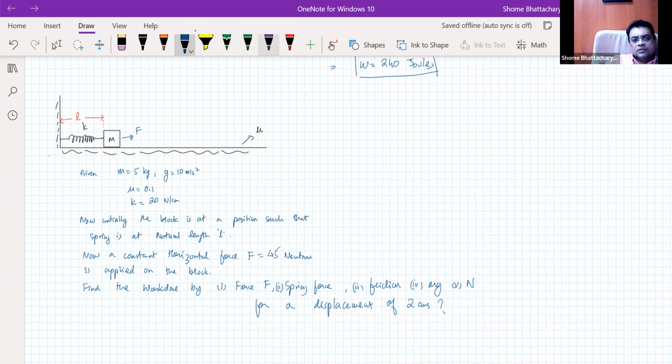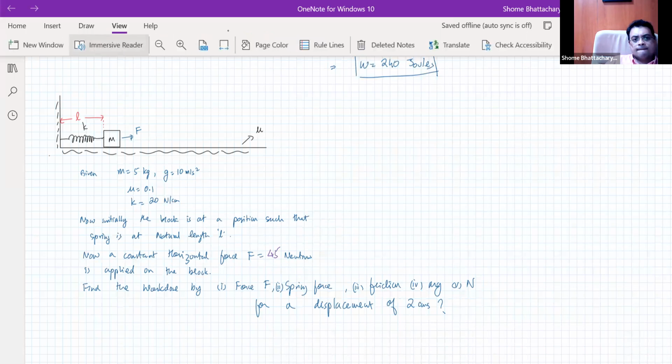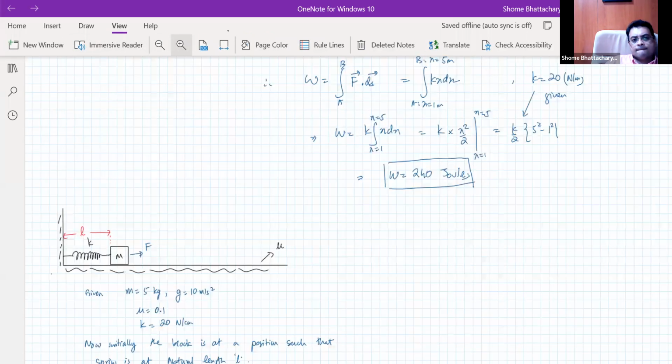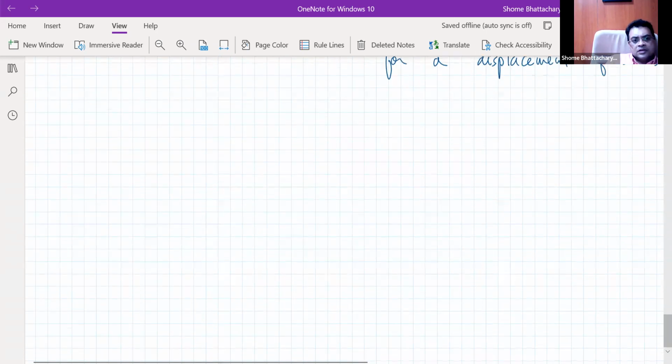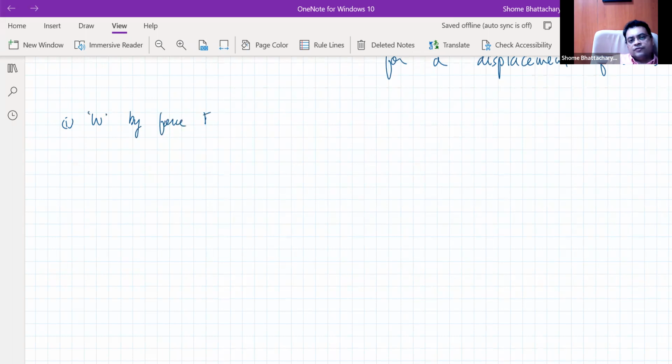Okay, so let's work out each of these now. Let's start with the work done by force F. That's very simple. That's a constant force that is acting.